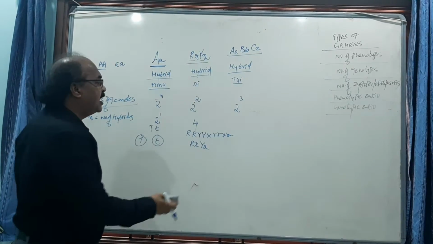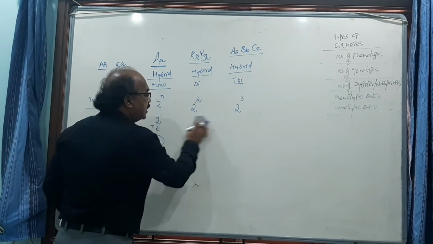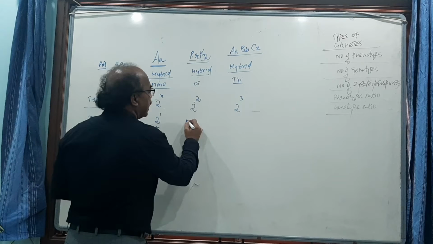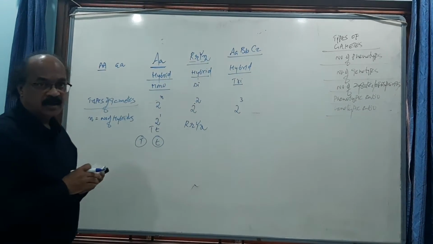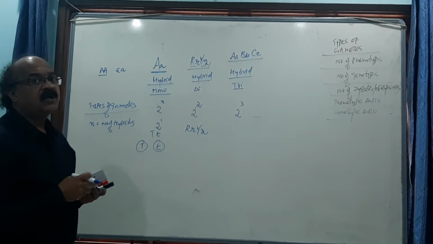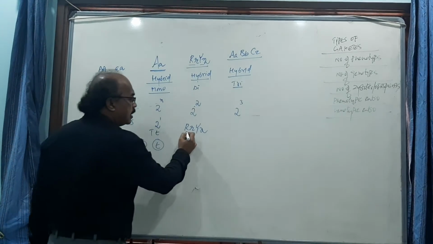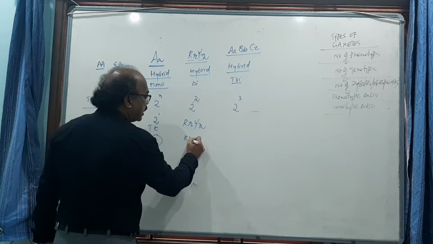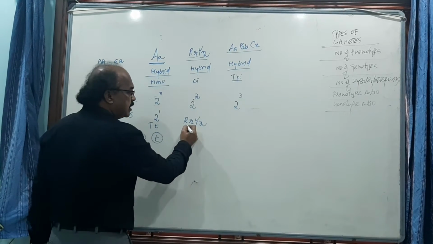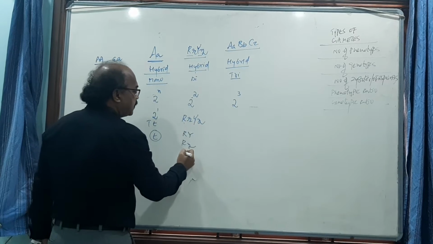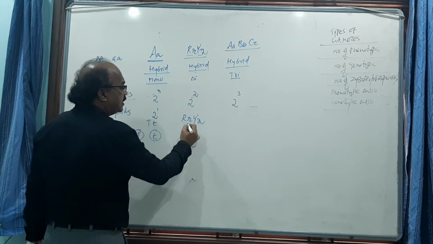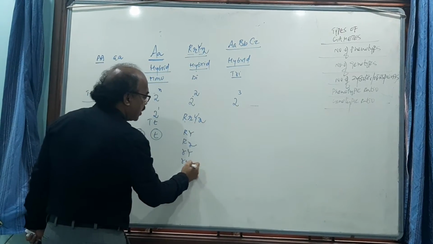So it is a dihybrid. In this dihybrid cross, capital R, capital Y, small r, small y, you are getting a total of 4 types of gametes: capital R capital Y, capital R small y, small r capital Y, small r small y.